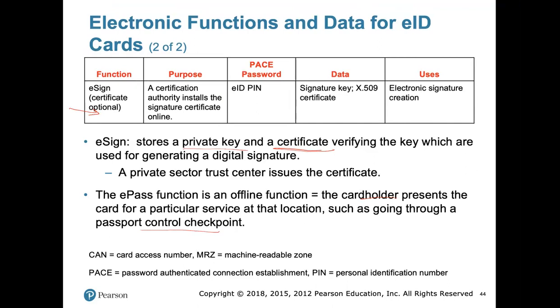The certification guarantees that the key is a valid key, and the key plus the certification can be used in order to generate digital signatures. So you can sign something with your card. For example, you swipe your card somewhere, and that means that you have signed that contract or that kind of agreement.